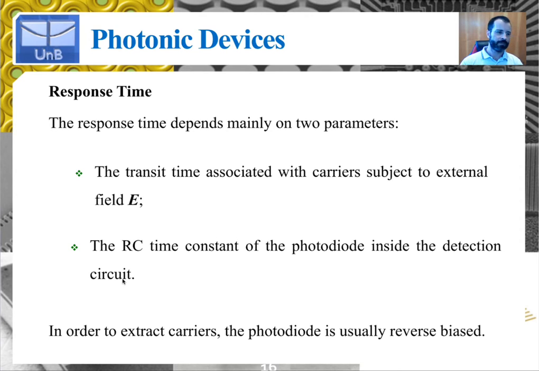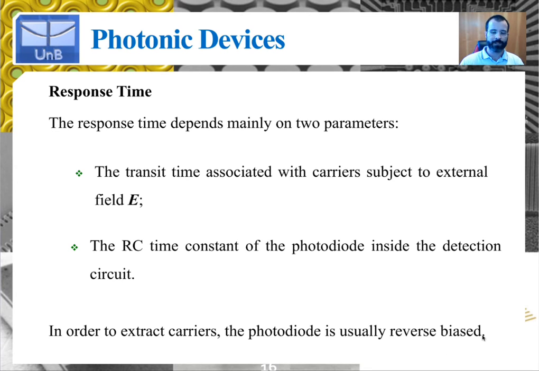Usually the typical devices that we'll discuss are formed by reverse biased PN junctions or PIN junctions, as opposed to the optical sources, the LEDs and the laser diodes, which were forward biased junctions, right?